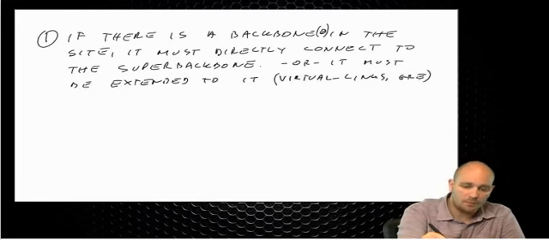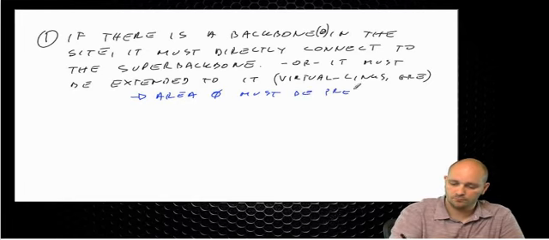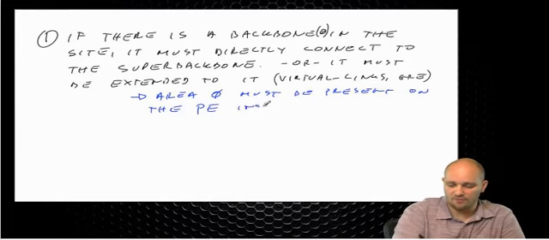Now, in plain English, this means that area 0 must be present on the PE device inside VRF.